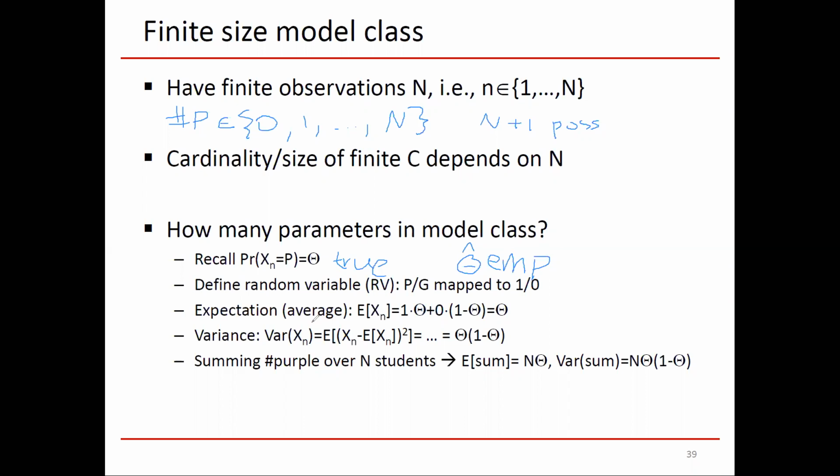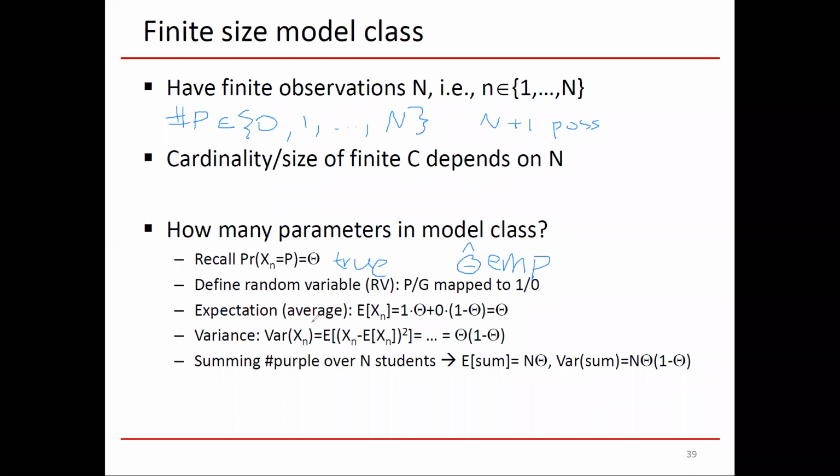With probability theta, you have purple. Purple is mapped to the random variable. Its value is 1. With probability, the rest of the time, 1 minus theta, you're mapped to 0, green. 1 times theta plus 0 times something is theta. What about the variance?